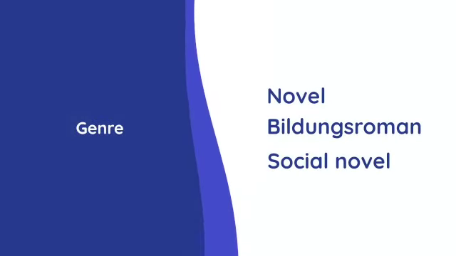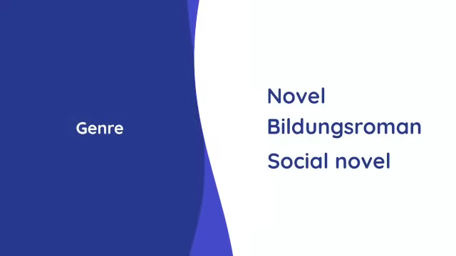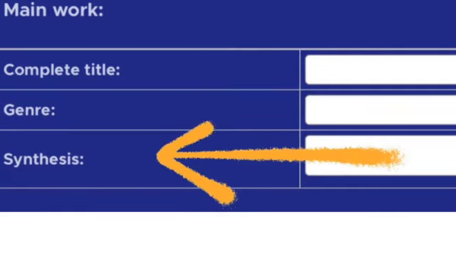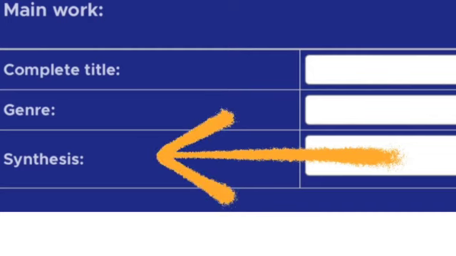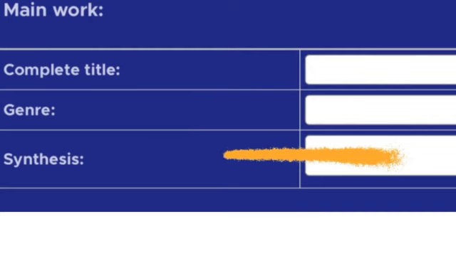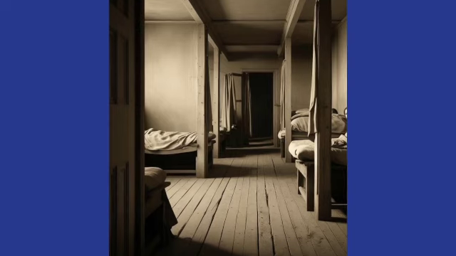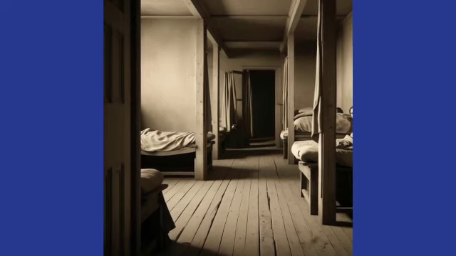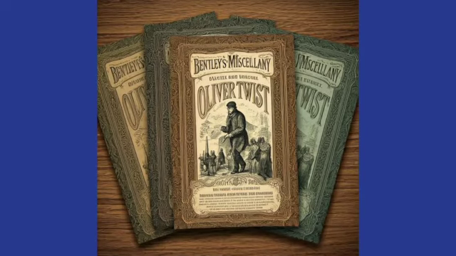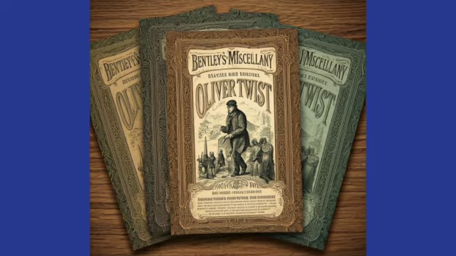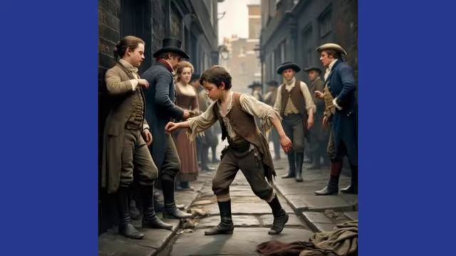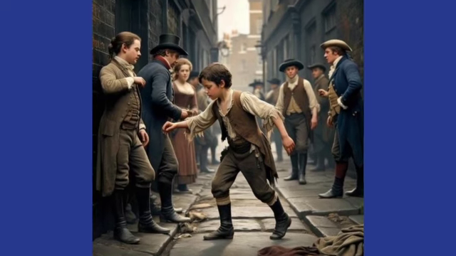Genre: Novel, Bildungsroman, social novel. Brief synthesis. Oliver, an orphan, spends his childhood at a workhouse. After one particular event, he is expelled. After he is sold to a family, he is mistreated and decides to run away to London, where he falls into the hands of a gang of pickpockets.